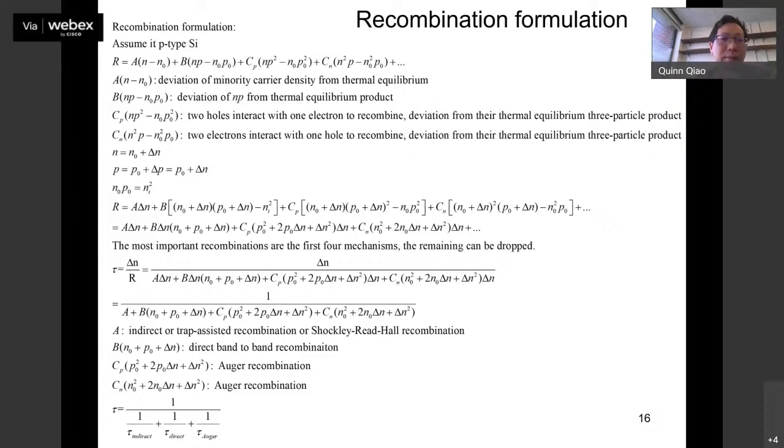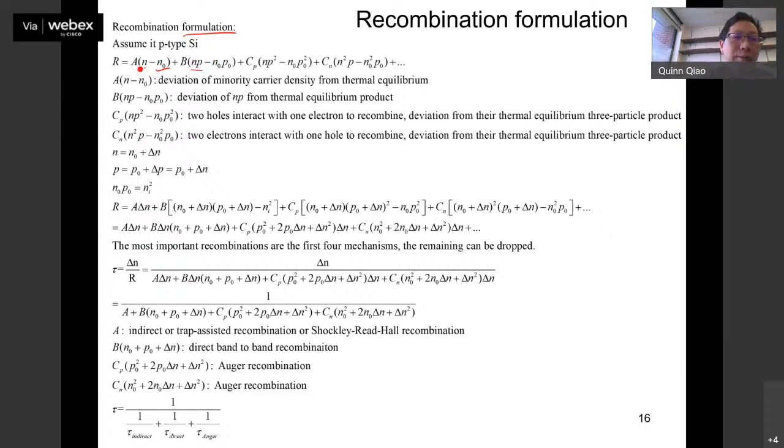If you think about recombination, you have the electron concentration n, and then you have the electron concentration under equilibrium, n0. If n is bigger than n0, there's some mechanism for recombination.